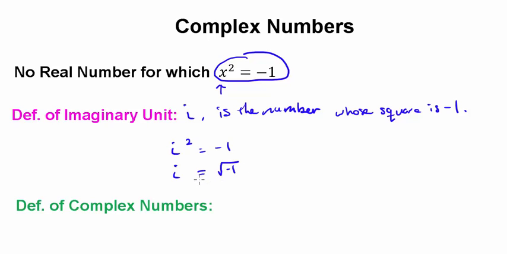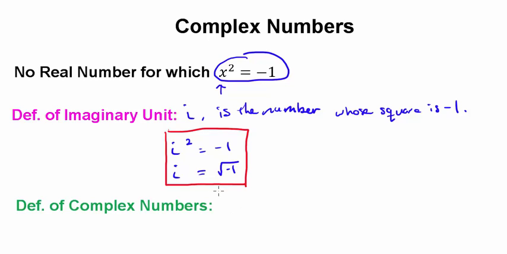So we have two important pieces of information which you must know throughout this lesson and going forward in algebra. And that is that i squared is equal to -1, and also that i is equal to the square root of -1. And this leads directly into our definition of complex numbers.